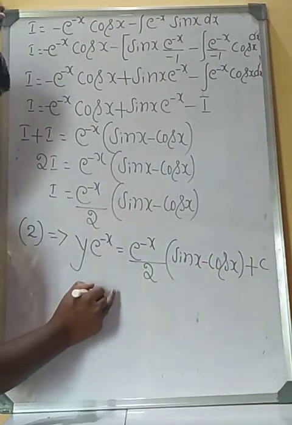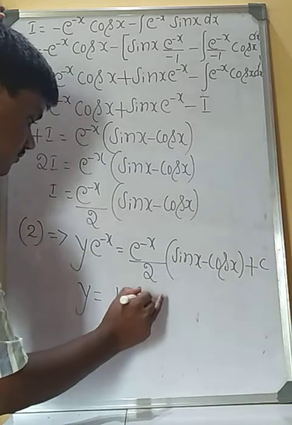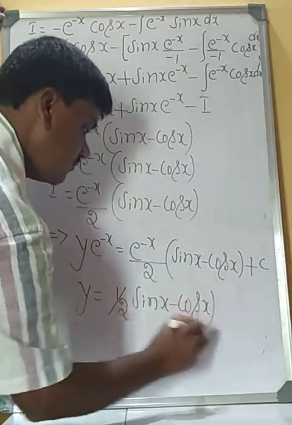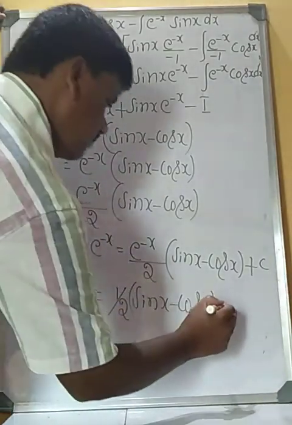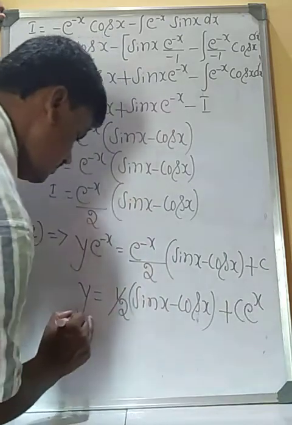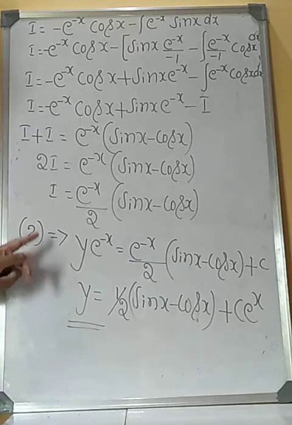Therefore, y is equal to 1 by 2 into sin x minus cos x plus c into e power x, which is the required general solution of the given differential equation.